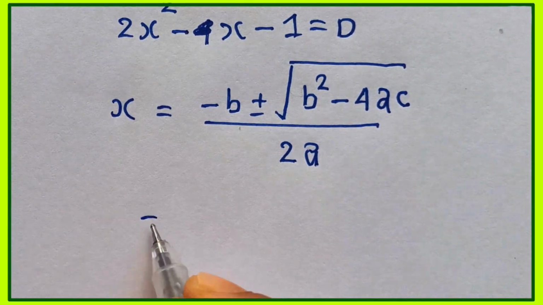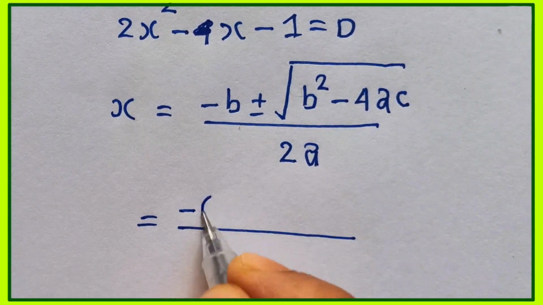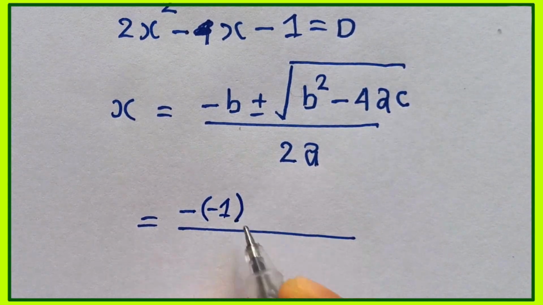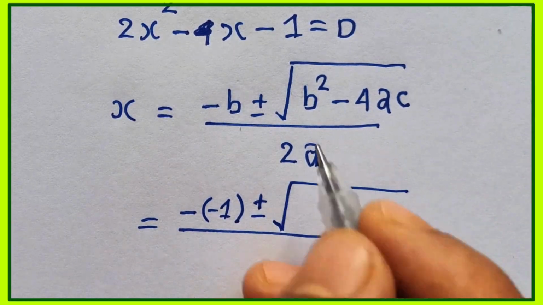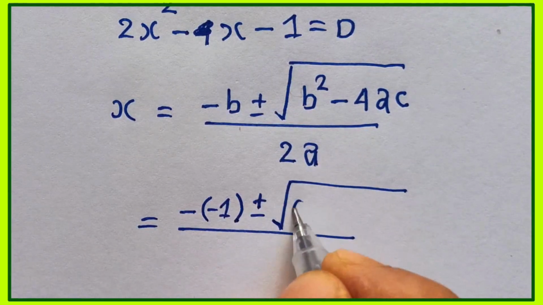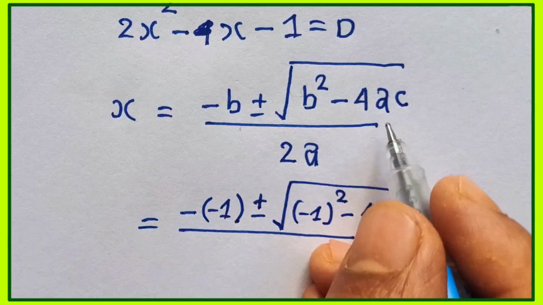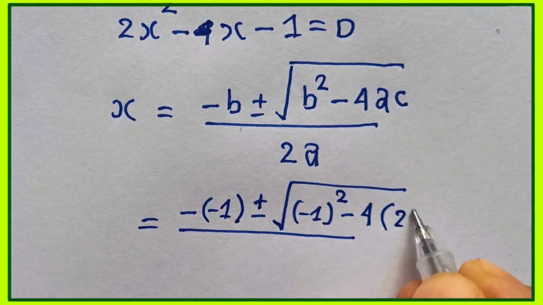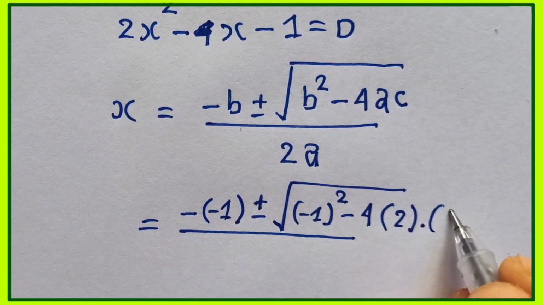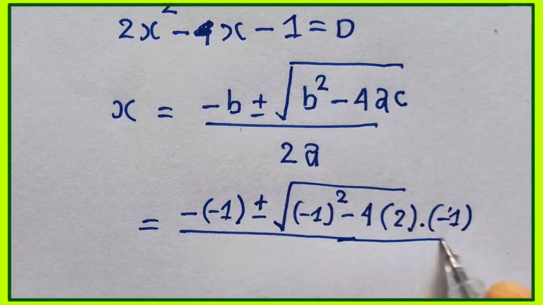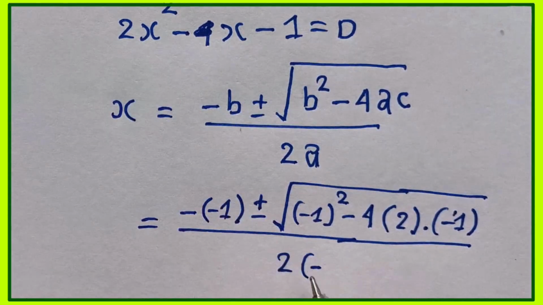Now we are going to insert the values of a, b, c. b is minus 1, and this plus or minus the square root of b, which is minus 1 the whole square, minus 4, a is equal to 2, c is equal to minus 1, and a is equal to 2.